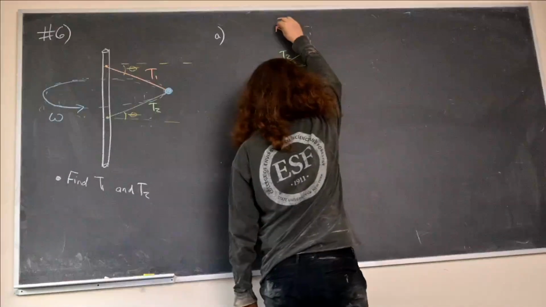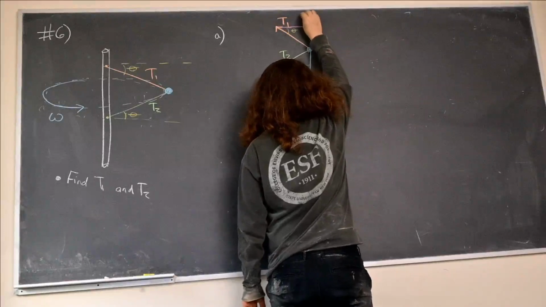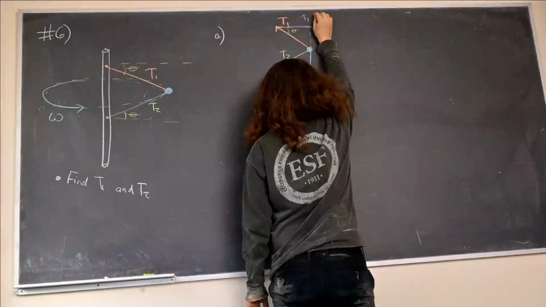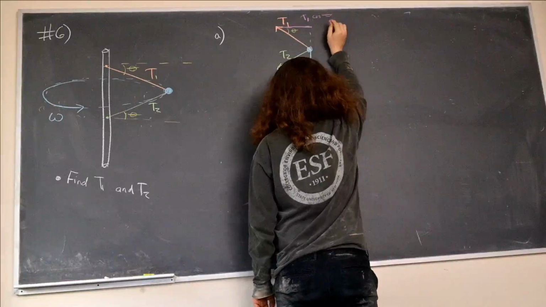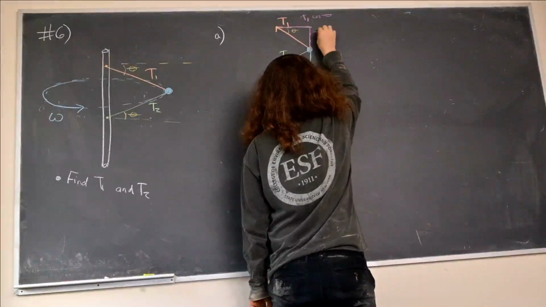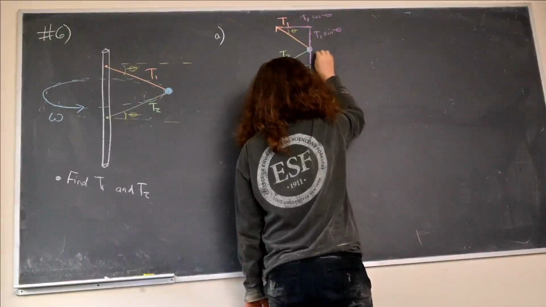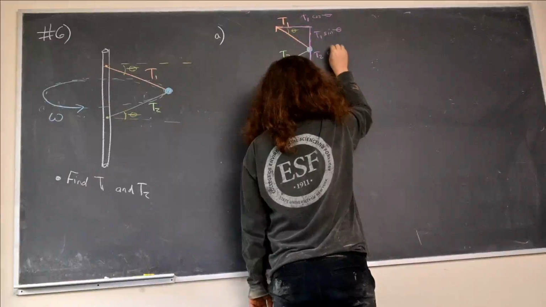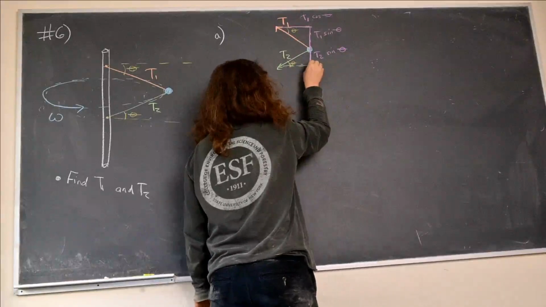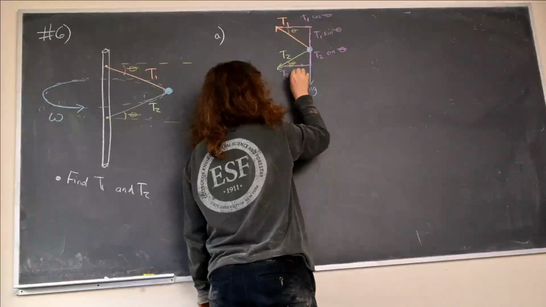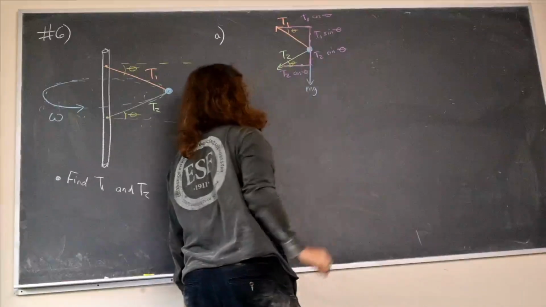This up here is T1 cosine theta. This one there is T1 sine theta. This one is T2 sine theta. And that one is going to be T2 cosine theta.